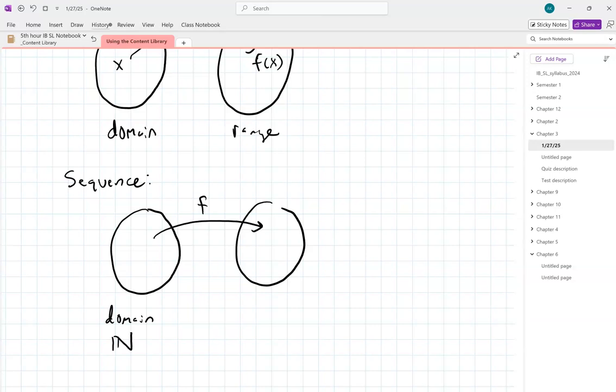So the only inputs in our sequence are going to be positive whole numbers, maybe 0, typically not. But like 1, 2, 3, 4, I can't plug in 1.5. I can't plug in 10.5. Can I plug in 4 over 2? Well, that's 2, so yeah, that's okay. But no negatives, no decimals. Everybody's okay? Now the range, the outputs, those can be any real number.